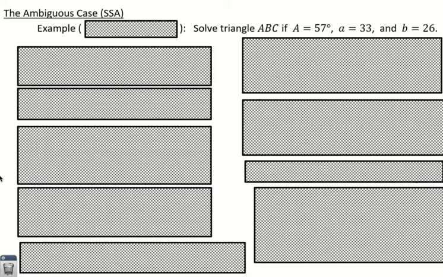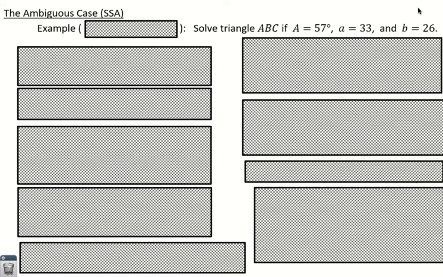And yes, there was nothing new in the last example, but trust me, there's going to be some new stuff here. So here we go. Triangle ABC, solve it. If we have this as our angle A, big A, that's little a. Okay, so we have enough for one fraction, and little b equals 26.